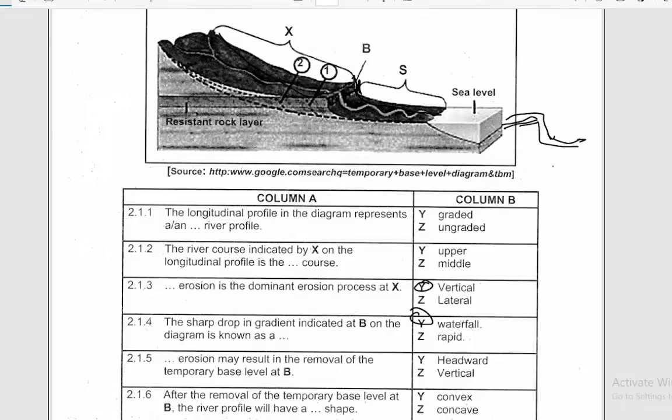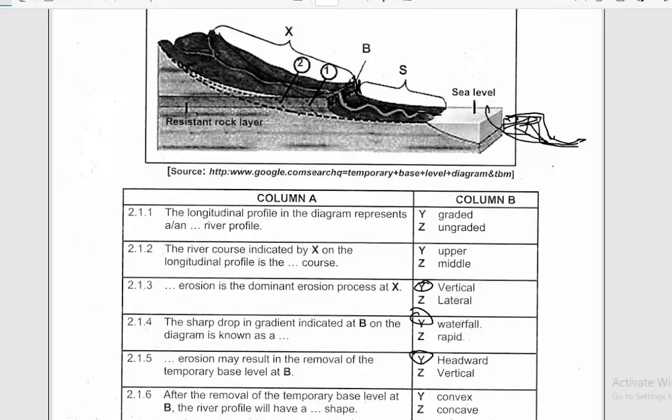So what kind of erosion can be responsible for the retreating of the waterfall up until it reaches a grade? That is basically because of the effect of headward erosion. This waterfall will keep on migrating. This part crumbles, this part crumbles, this part crumbles until we have a grade.